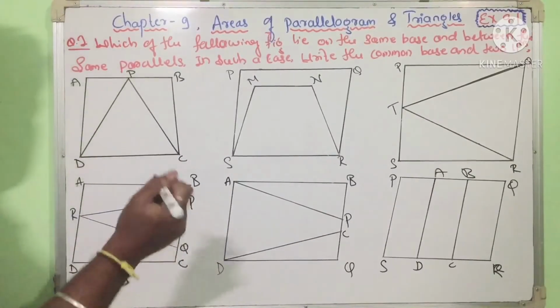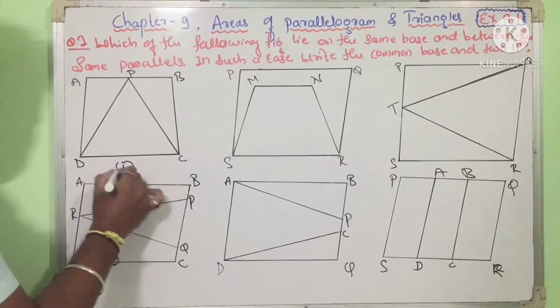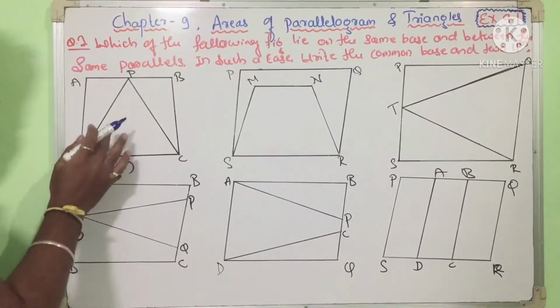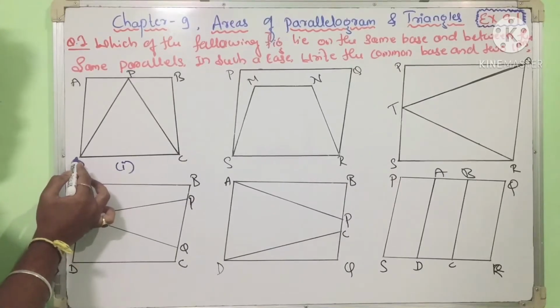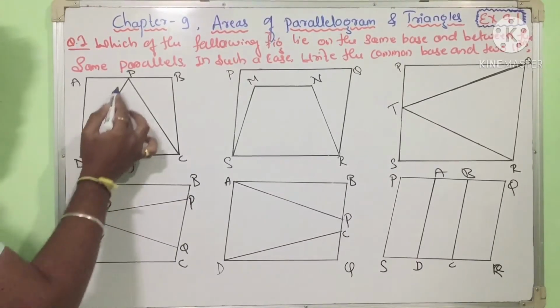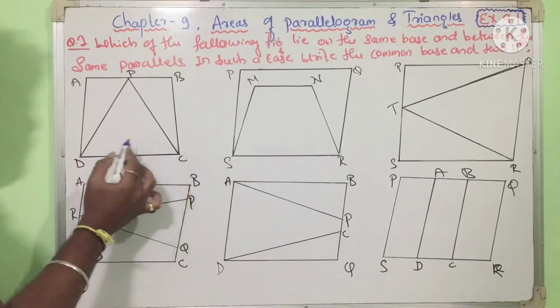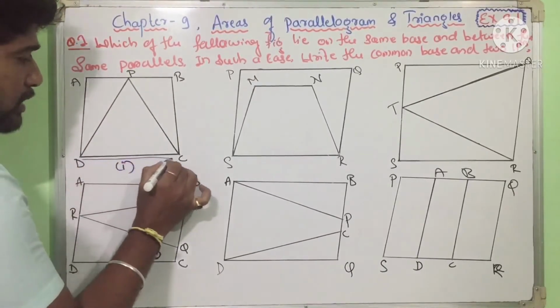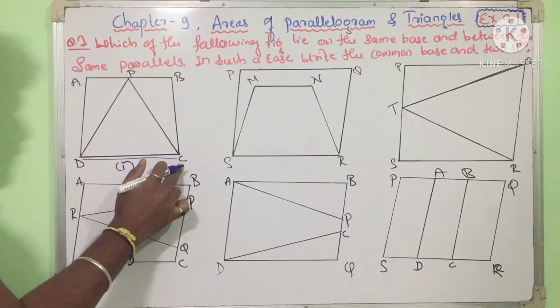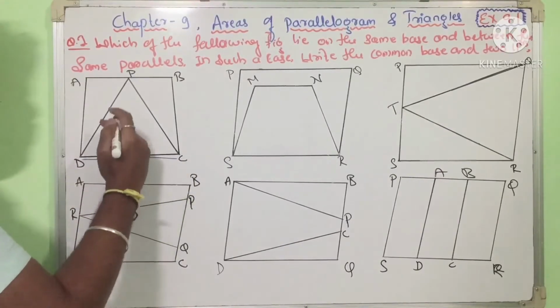So, first figure. Here the two figures are ABCD, a trapezium, and another one, DPC, a triangle. These two figures have a common base, CD.